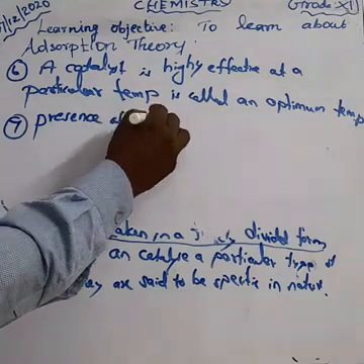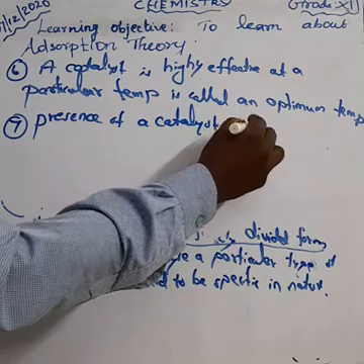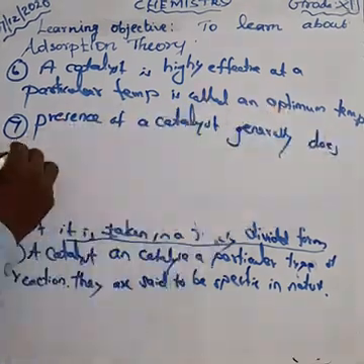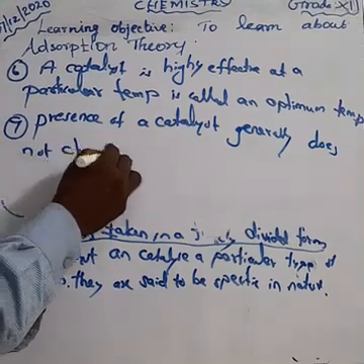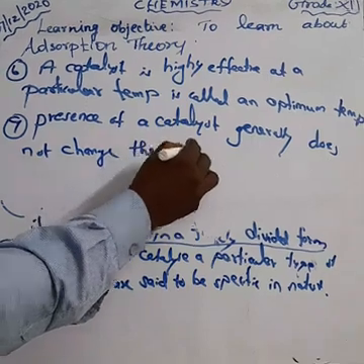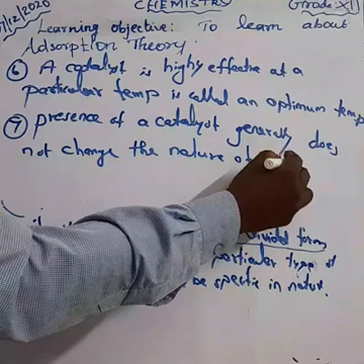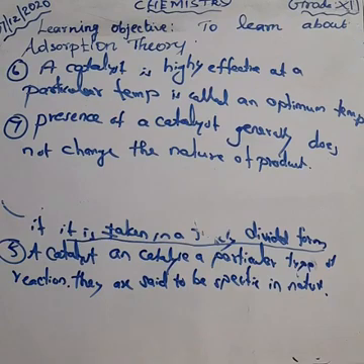The presence of a catalyst generally does not change the nature of product. The presence of catalyst generally does not change the nature of product. Listen, what is the meaning?